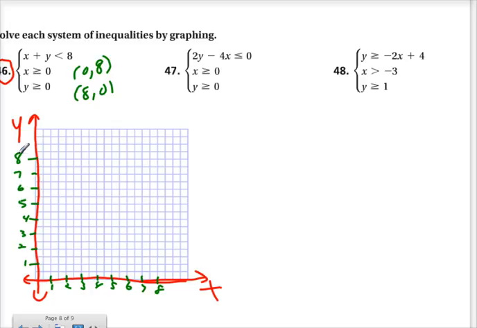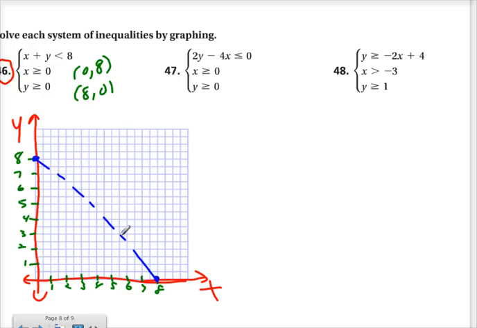So now I have those, 0, 8, and 8, 0. And that said x plus y has to be less than 8, so I'm going to take off some of this to make that dashed, fill it in a little bit.